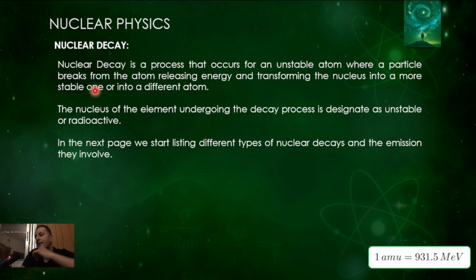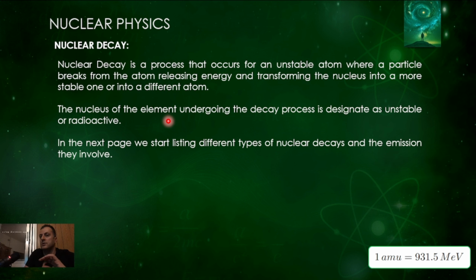Because it has released the overweight, if you will, into a different atom, so a different isotope of the same element, or a different atom defined by isobar. So the nucleus of the element undergoing the decay process is designated as radioactive or unstable. Both terms we can use.